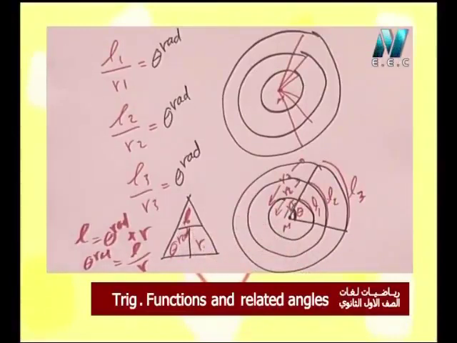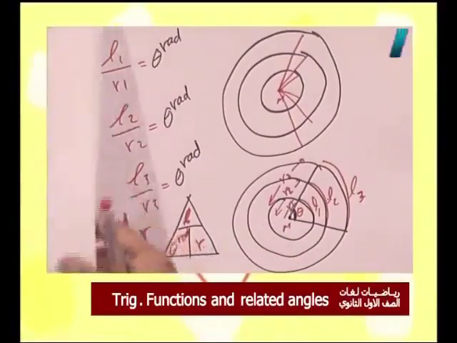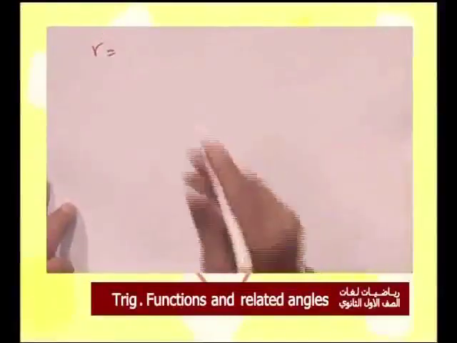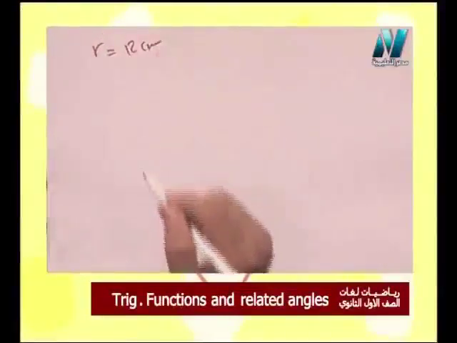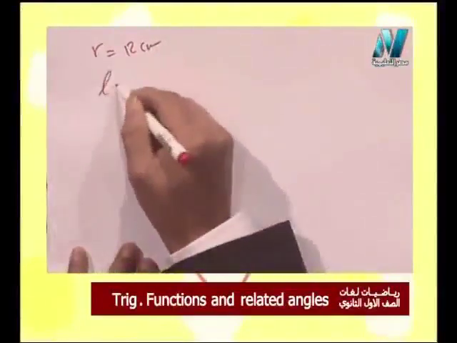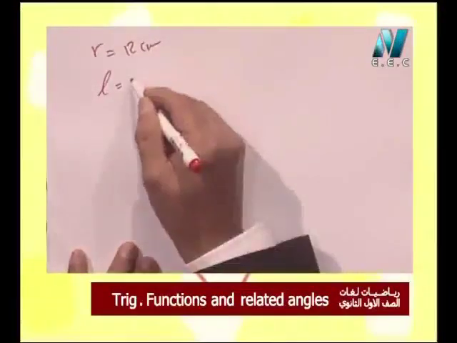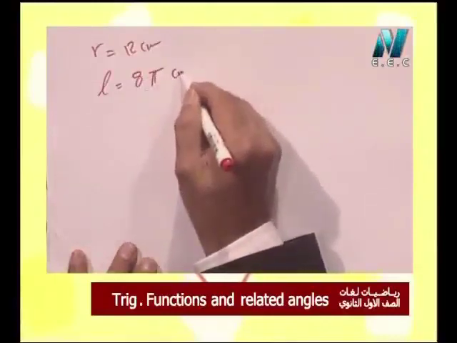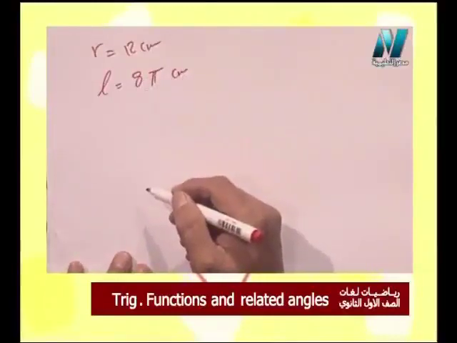Let's move to another question here. We have a question for you. If we have the radius of a circle equal 12 centimeter, and the length of the arc equals 8 pi centimeter, we want to find theta rad.